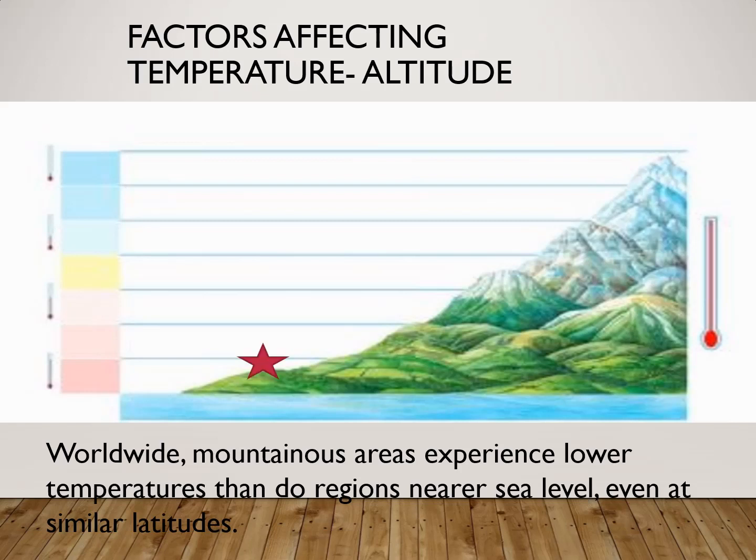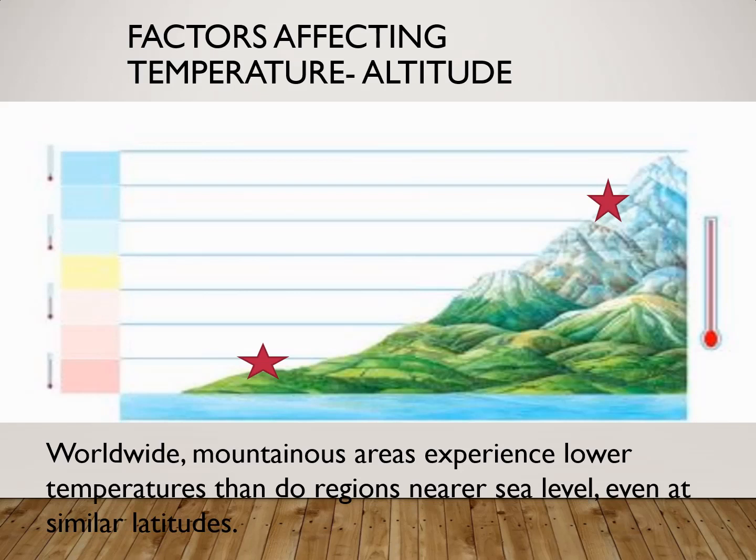The reason is, a place which is located at sea level or close to sea level has a thicker atmosphere over it, whereas a place which is located at a higher altitude has less amount of air above it. So the greater the amount of atmosphere over a place, the more will be the absorption of the sun's radiation.